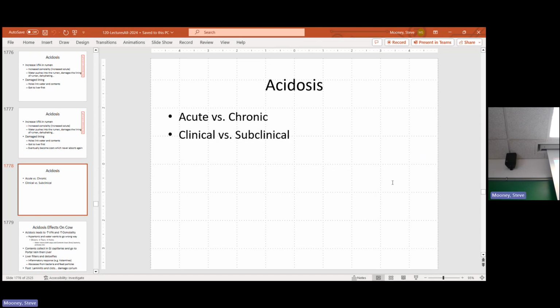And the VFA spike, the pH drops, and that happens for a few hours. They don't feel too good. They back off on intake, and then they'll come around and continue to eat. They look all right. They're not going down.